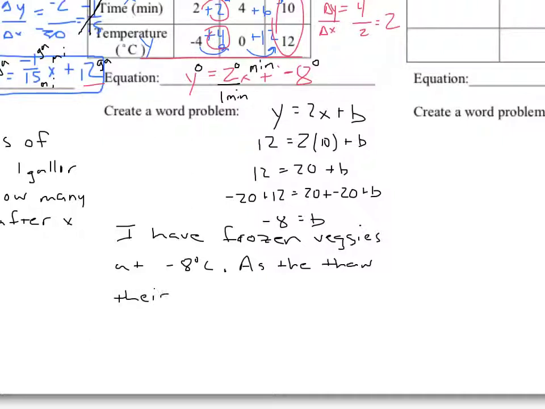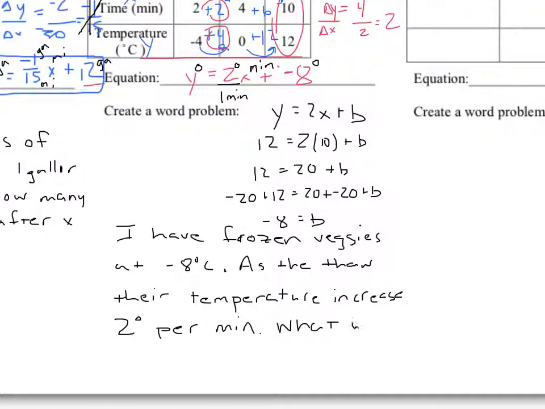Their temperature increases 2 degrees per minute. What will the temperature be after X minutes?